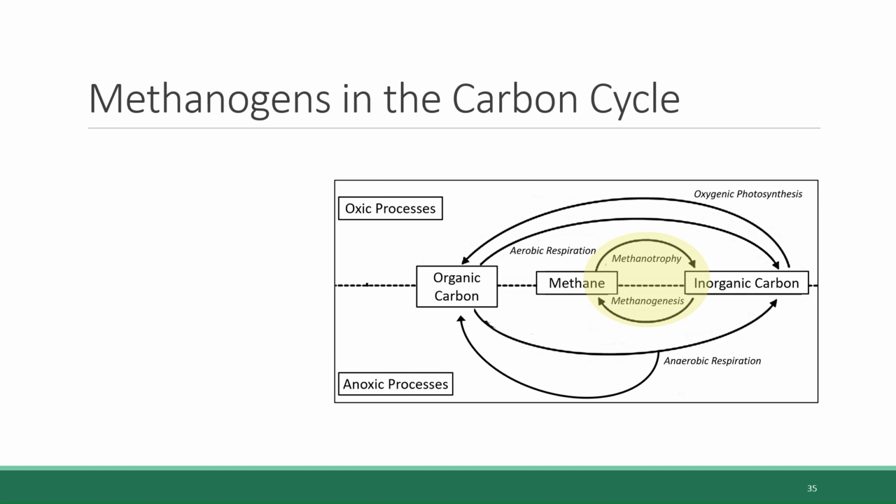Both methanogens and methanotrophs are common in anaerobic or oxygen-depleted environments like wetlands, marshes, landfills, even in the gastrointestinal tracts of cows, etc. And a final note, methane is a powerful greenhouse gas, many times more powerful than carbon dioxide. So, when it comes to discussions of the atmosphere and climate change later in this course, methane will be coming back to us as a factor in those processes.